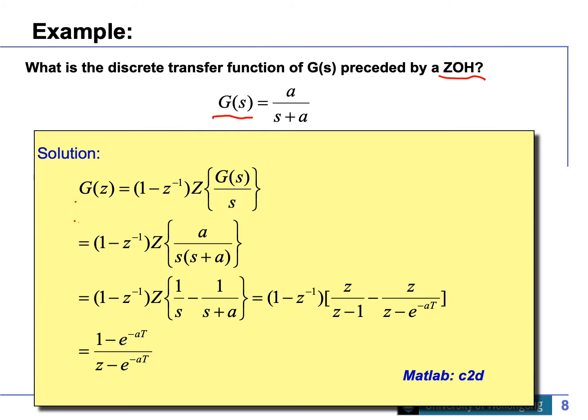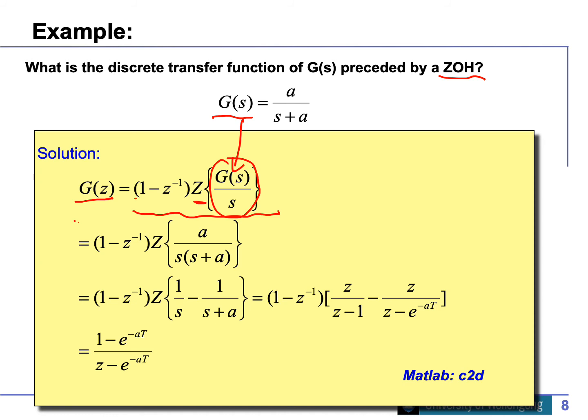G(z) becomes this. So G(s) comes here. You have 1 minus z to the negative 1, and inside the z transform you get G(s) over s. So basically we have to do the partial fraction for this thing to get the z transform from the table.